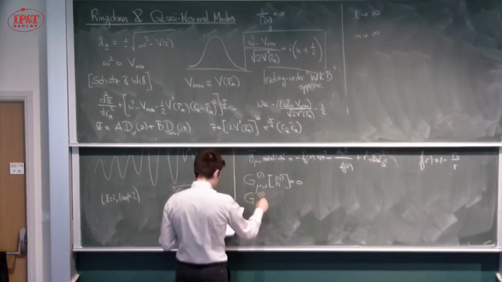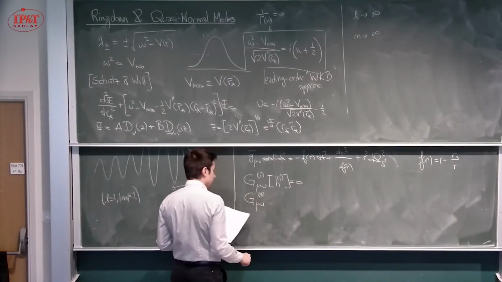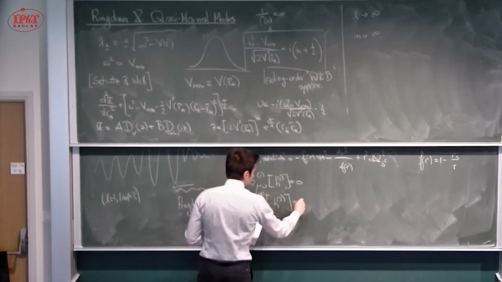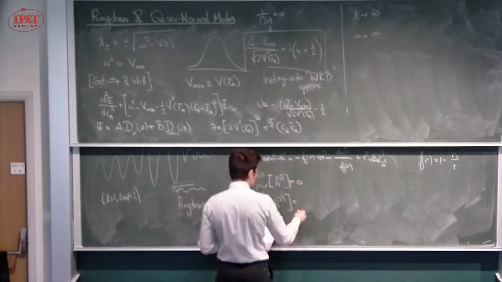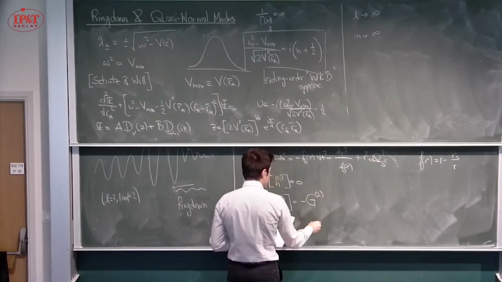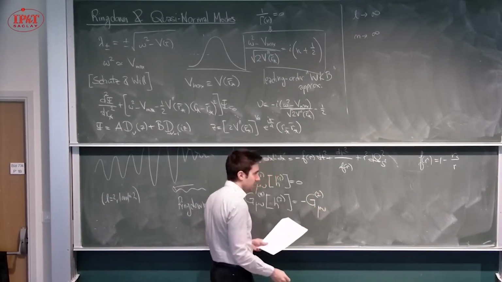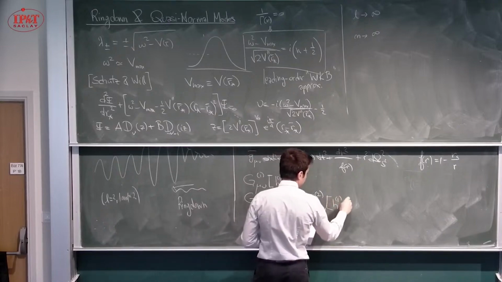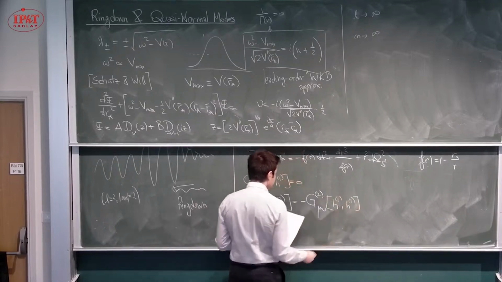So we have the linear variation of the Einstein tensor over h2. This is now not going to be equal to 0, but is minus the second order variation, the quadratic part in perturbations of the Einstein tensor for h1. Okay.